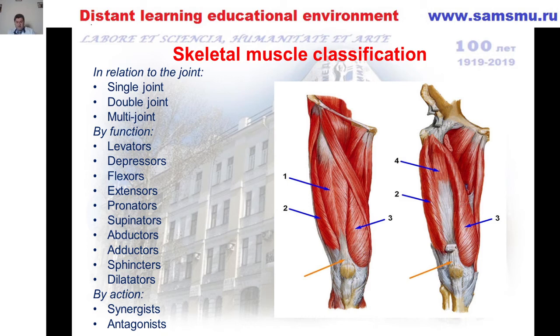In all parts of the body, the muscles are located so that contraction of one muscle shifts the point of attachment of another, providing a greater angle of approach of the tendon to the bone.